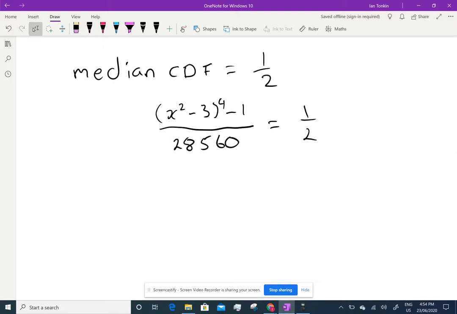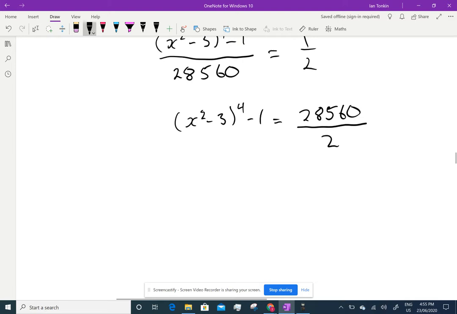You can use decimals if you want. I'm going to multiply that 28560 over. So x squared minus 3 to the 4 minus 1 equals 28560 on 2. I'm just going to leave it like that because I'm just going to do a calculator at the end. I have to add 1. X squared minus 3 to the 4 equals 28560 over 2 plus 1.